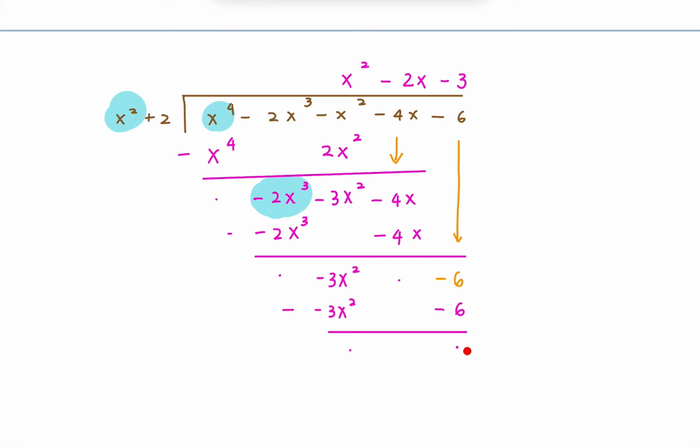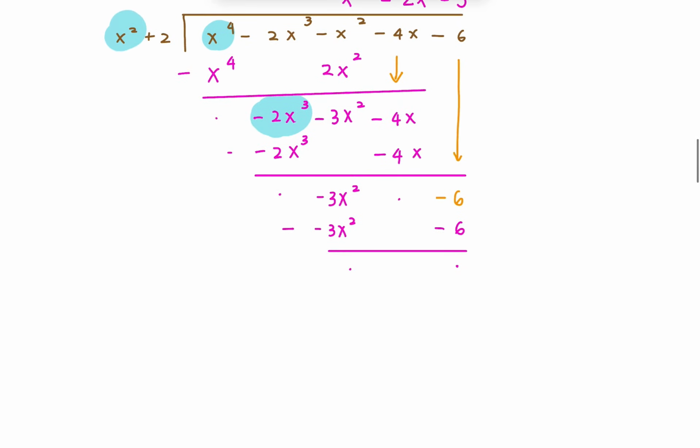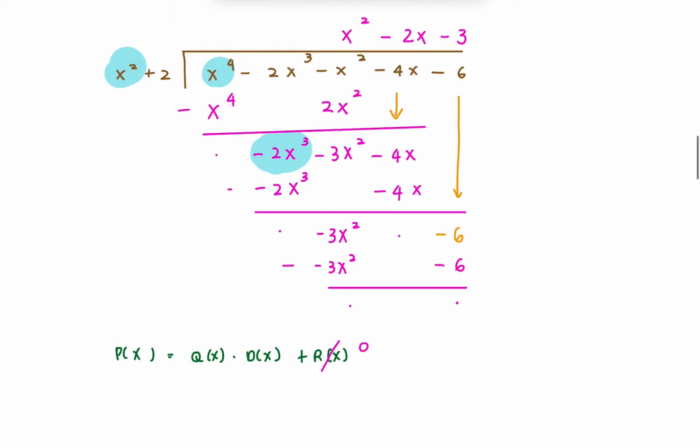Okay. So how to write your answer? P(x) is equal to quotient times divisor plus your remainder. But your remainder is 0, so you don't have this one. What is your quotient? Your quotient just now is x squared minus 2x minus 3.